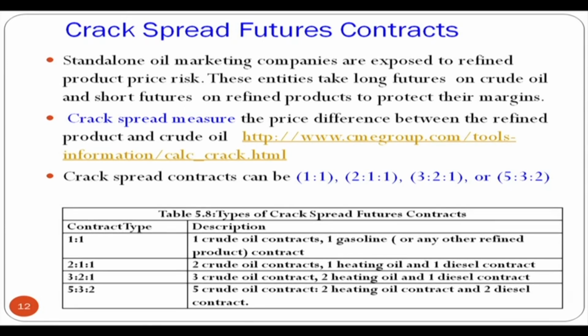So this company is exposed to both input as well as output price risk. So how can this refining company mitigate the risk? On a standalone basis, this company would have entered into a long futures contract on crude oil as well as a short futures contract on refined product, or it would have taken a long call on crude oil and a long put on refined product if the company had gone for option contracts.